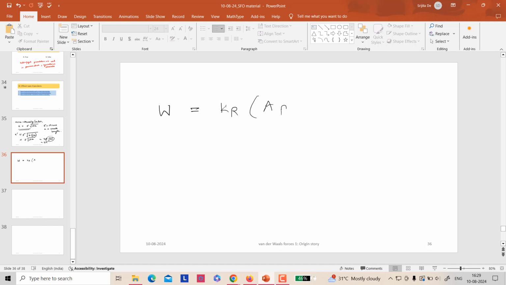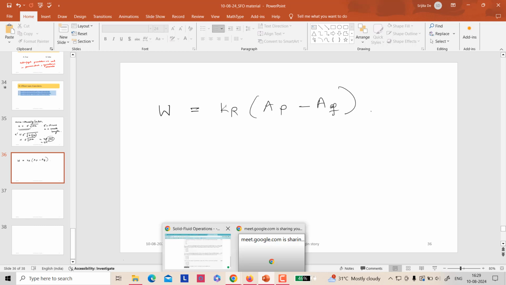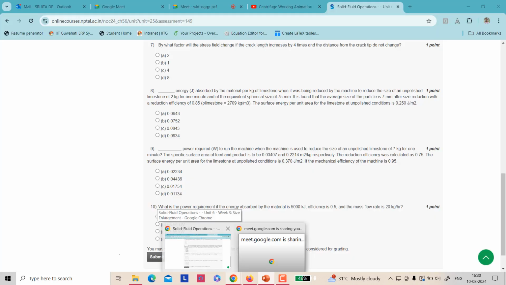It is the surface area of the product and surface area of the feed, right? Yes, ma'am. So now what is the surface area? It is not mentioned. Only the diameters are mentioned. So we can calculate the surface area.